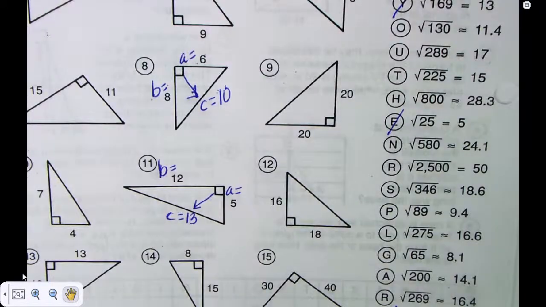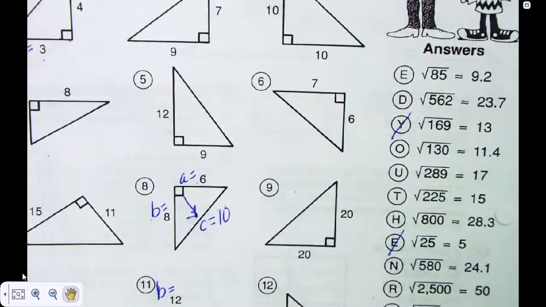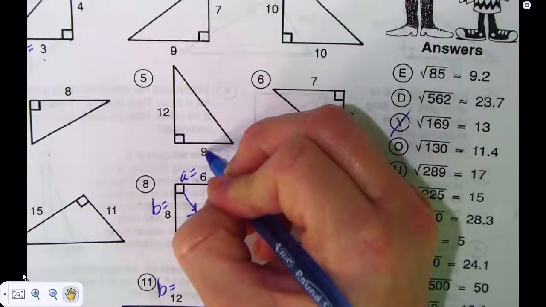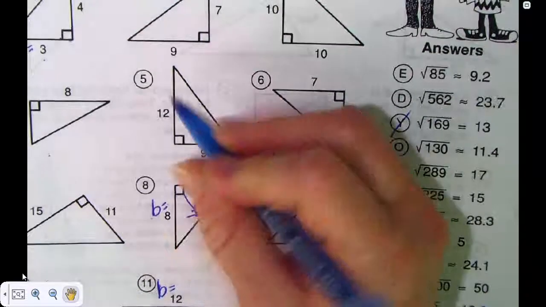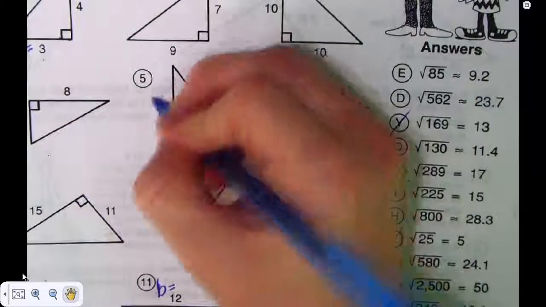There's one more that you should be able to look at and find. Avery found it. Which one? Okay, why 5? 3 times 3 is 9. 4 times 3 is 12. So A is 9.